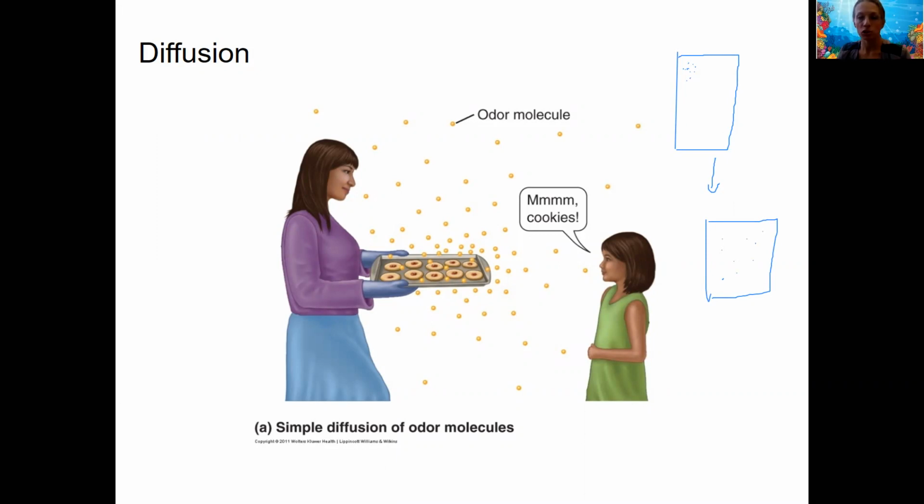The same idea is true for membranes. Materials move across a membrane by diffusion as well, from high to low concentration. And the important thing about this is it's spontaneous. So it's passive transport, and then equilibrium is reached once you've got this even spread. There's still some kind of random movement, but there's no net movement.